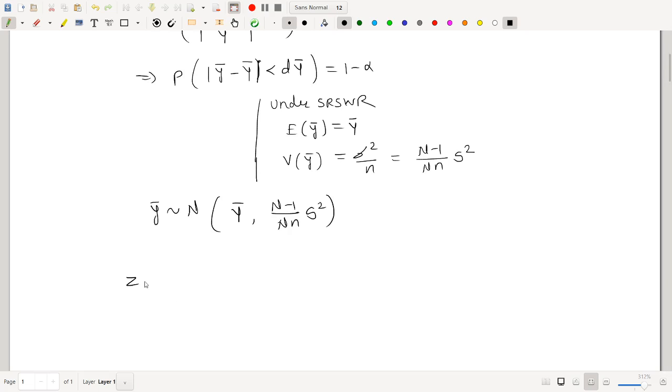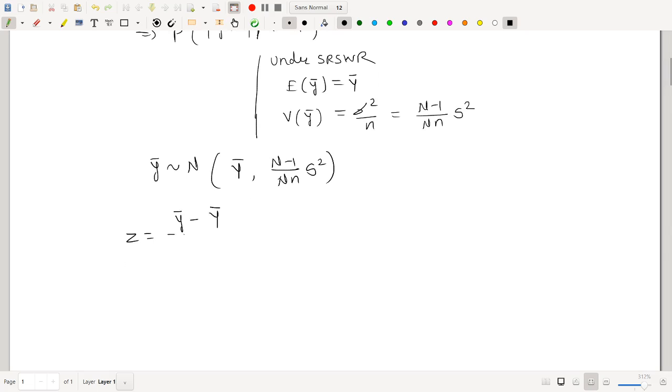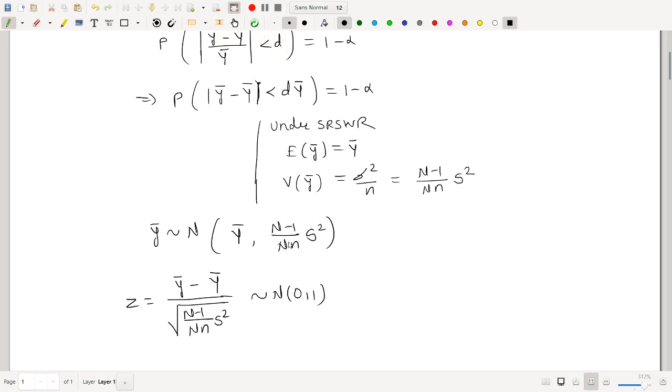So to convert this into standard normal, take y bar minus its expectation divided by root of its variance. This follows normal 0, 1. Now to convert this quantity into mod z, we have to divide this by root of n minus 1 upon n into S square.